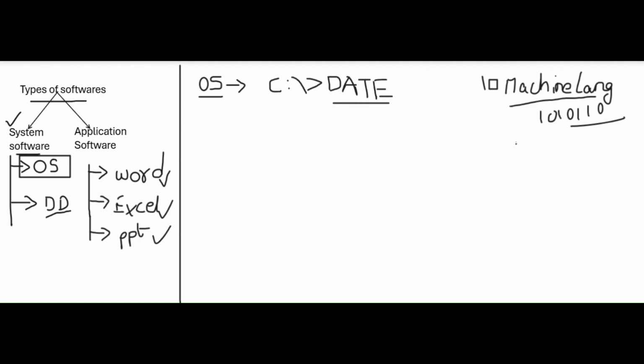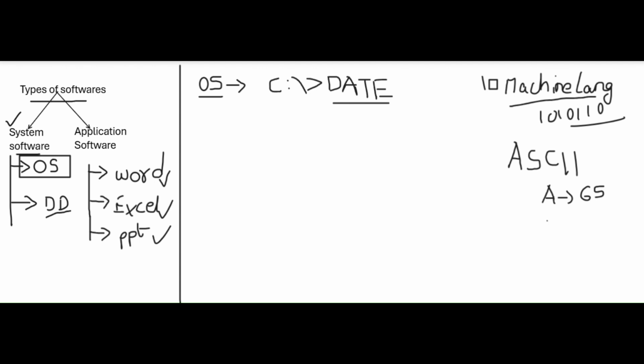Now, each keyboard has an encoding system. Our keyboard, for example, has an encoding system called ASCII, American Standard Code for Information Interchange. That means every key on your keyboard has an ASCII value. For example, the ASCII value of A is 65.